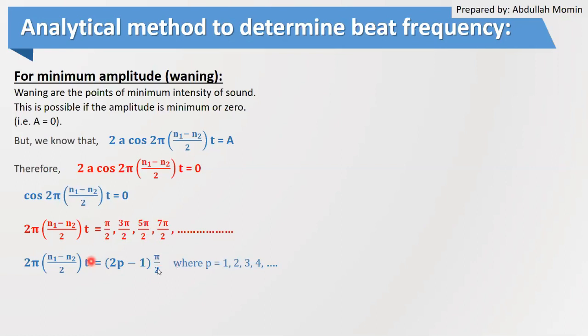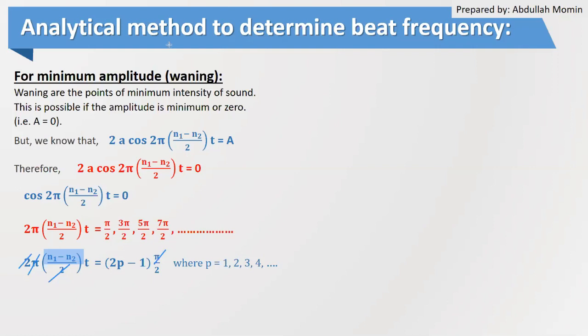Now we are going to simplify this equation. So we will cancel this pi and this pi. We will cancel 2 and 2. So what we have left on the left hand side of the equation is (n1 minus n2) into t, and this term, n1 minus n2, is in multiplication with t.